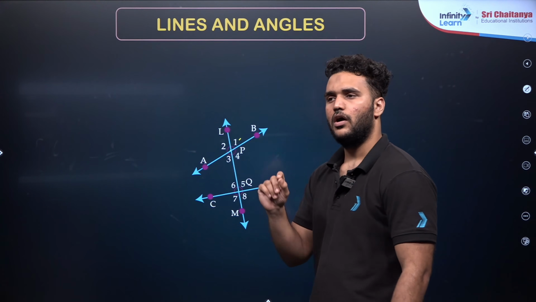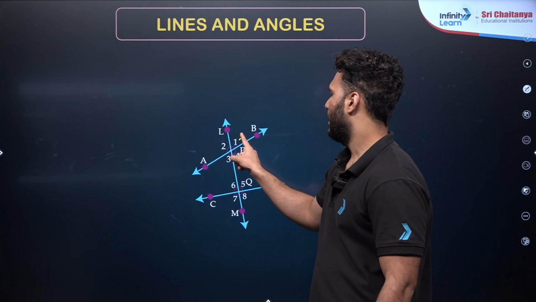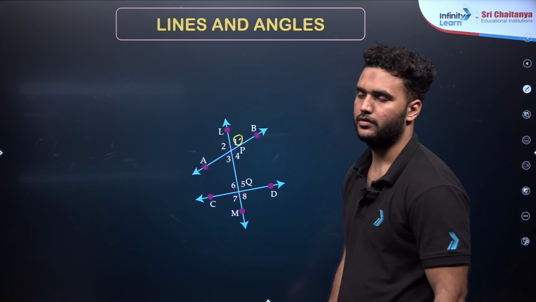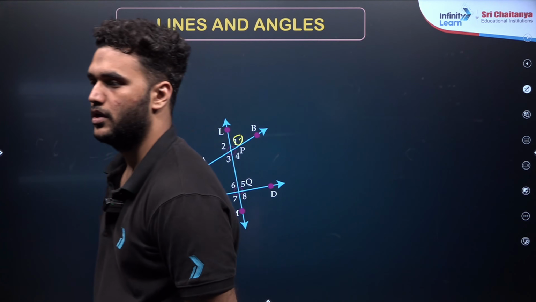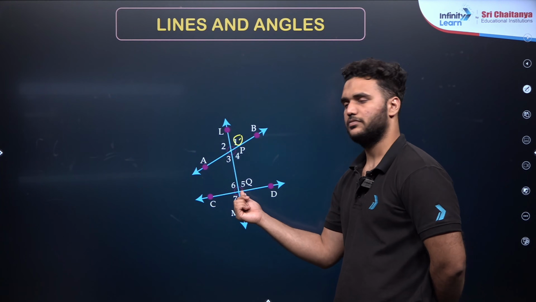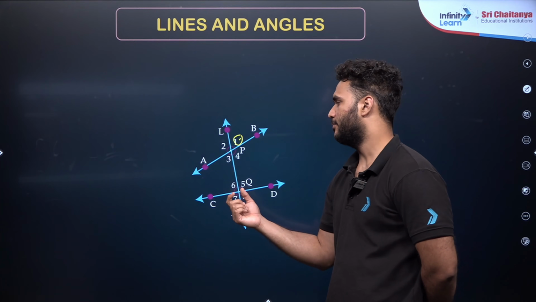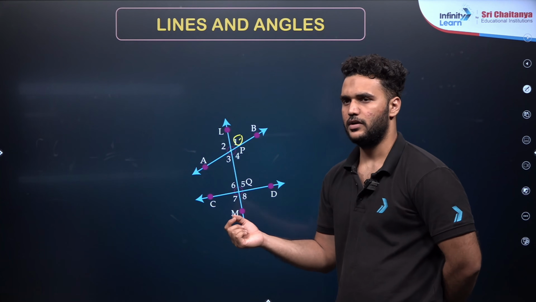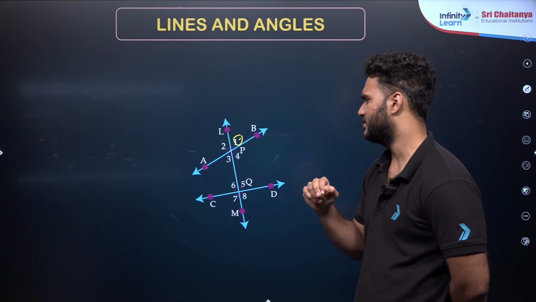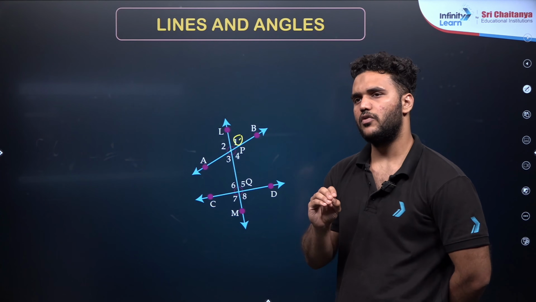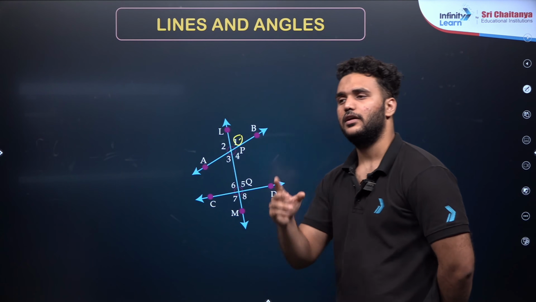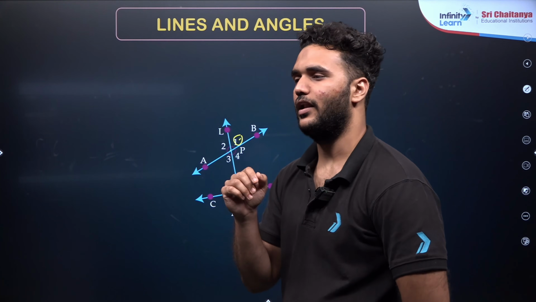Can you tell me, on the place of angle 1, what you have here, Keshav? If I take a picture of this incident and this incident, both look the same, just the numbers have changed. So at the place of angle 1, what angle do you have here? 5. Now you just understood the corresponding angle.